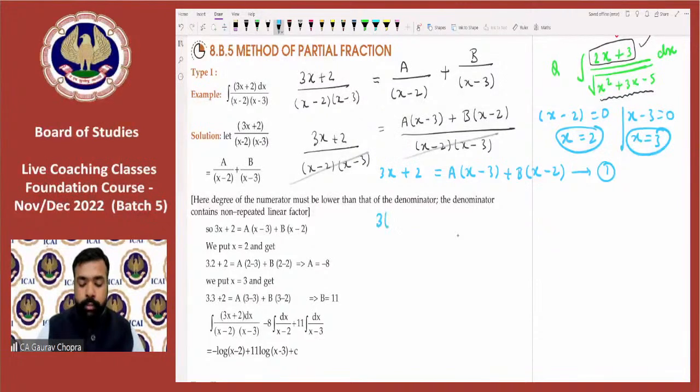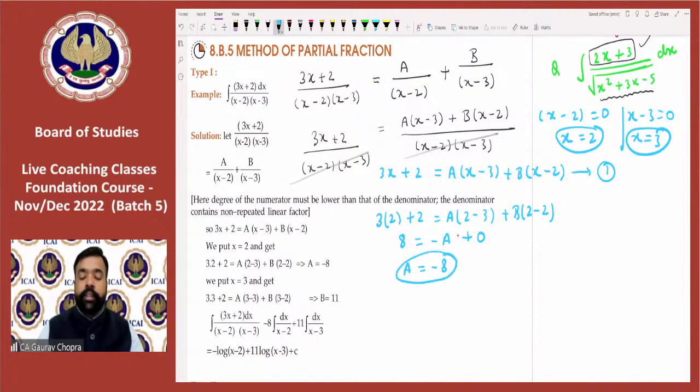So 3 multiplied by 2 plus 2 equals a times (2 minus 3) plus b times (2 minus 2). Now from this we can see that 8 is equal to minus a plus b into 0, which is 0. So we can clearly see that the value of a is equal to negative 8.